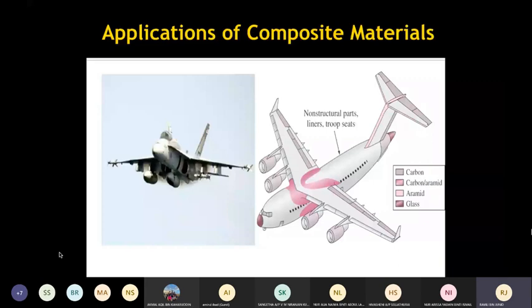This is the application of composite. This wall, the whole structure of this wall, is made from composite. It has a beam made from steel, but the wall is all made from composite.